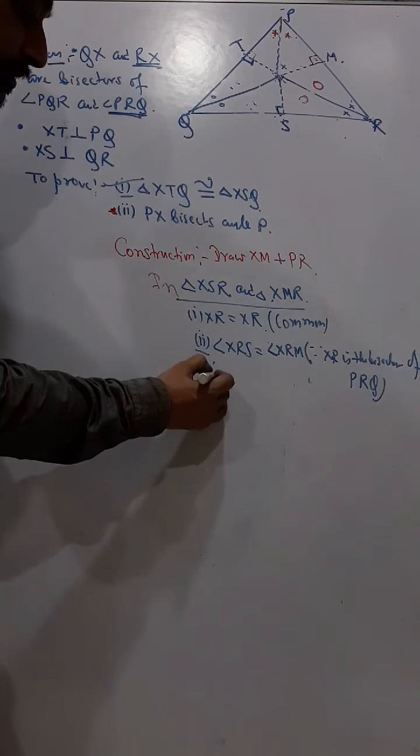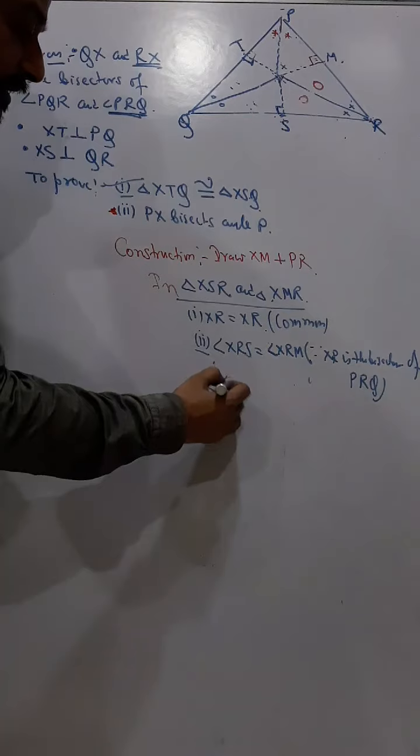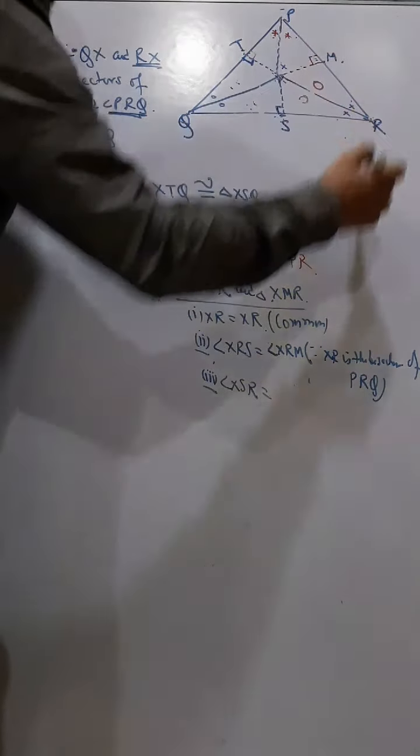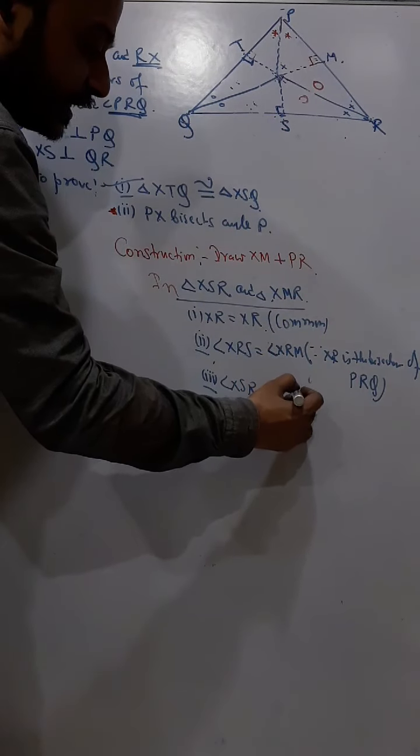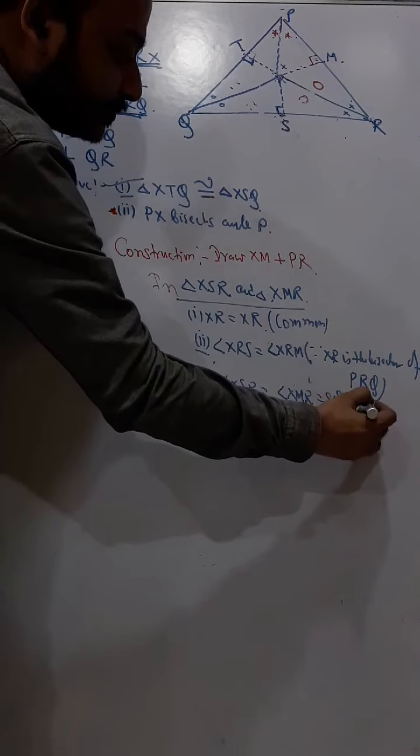Number 3, we can say angle XSR is equal to angle XMR is equal to 90 degrees, and that is also given.